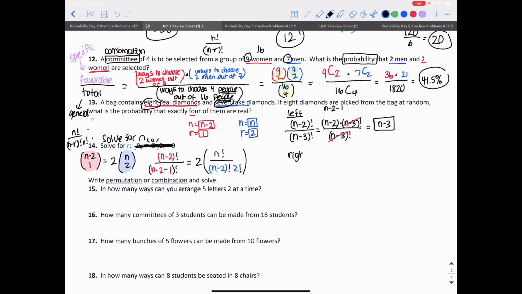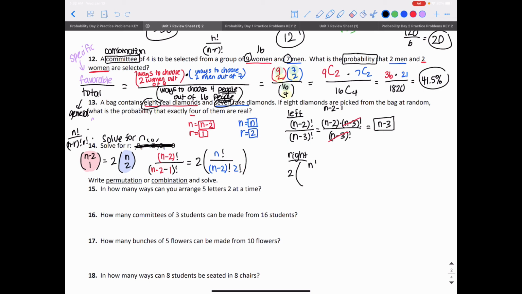Then I want to talk about the right part of the equation, and that gives me 2 times, in the numerator, n factorial. In the bottom, sorry, I'm going to actually rewrite the bigger factorial, that's n, in terms of the smaller factorial, which is n minus 2.